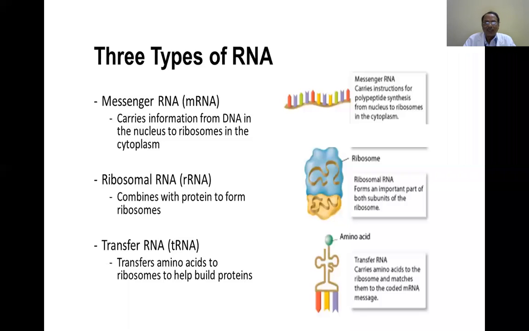Got it? So now we have 2 very important enzymes. It is the DNA polymerase for the synthesis of DNA. And for the synthesis of RNAs, and then for the purpose of protein synthesis, the important enzyme needed is RNA polymerase.